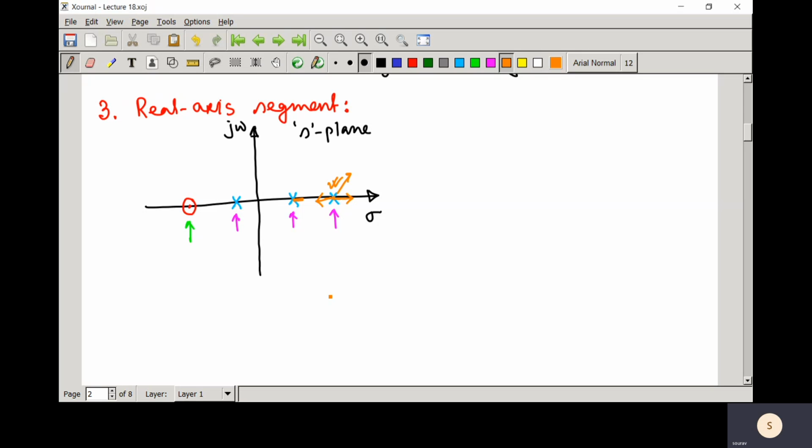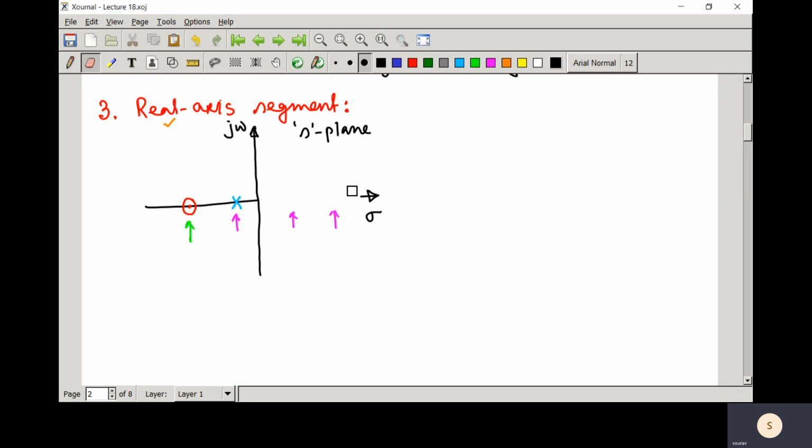So now the question is the real axis segment. The real axis segment means, whenever the closed loop poles or root locus move on the real axis, which portion of the real axis will be part of the root locus. Let us discuss it in detail, then I think it would be clear.